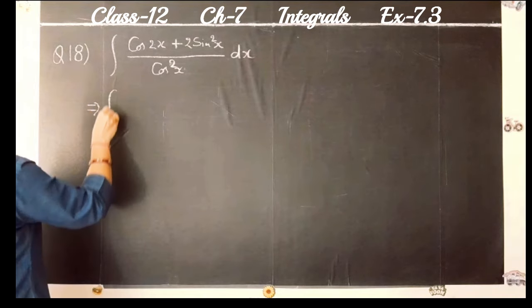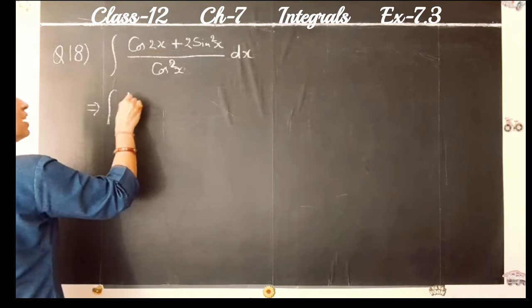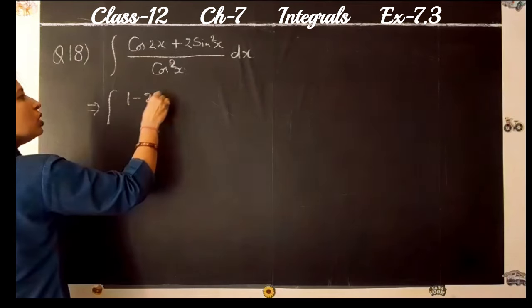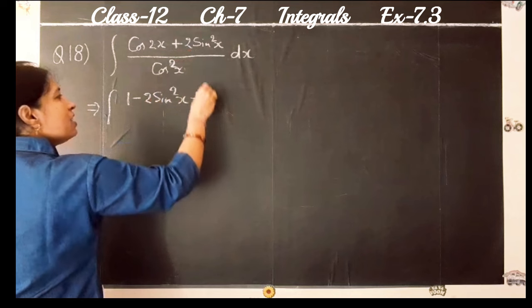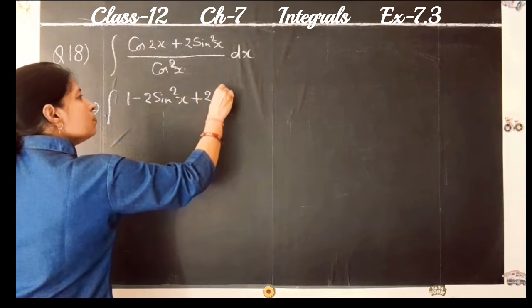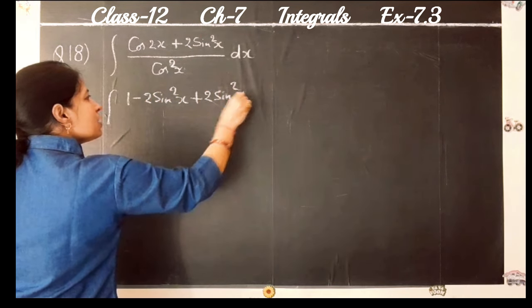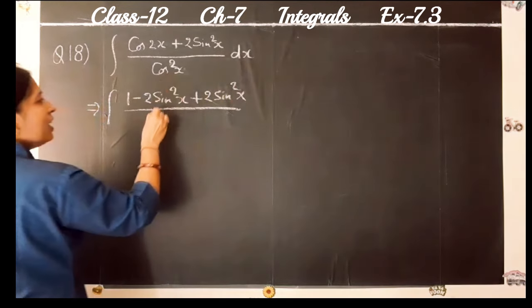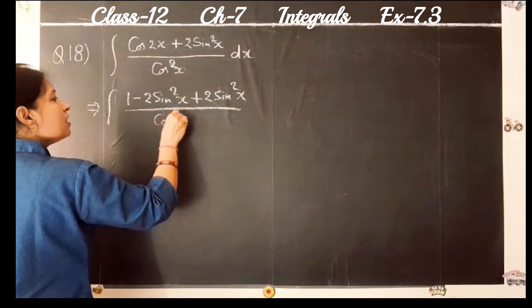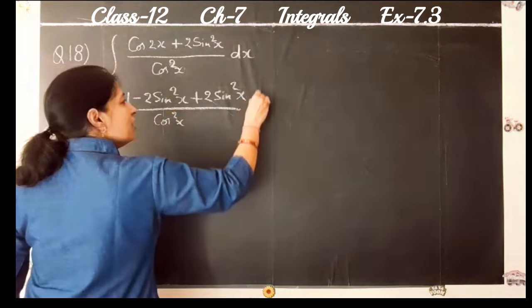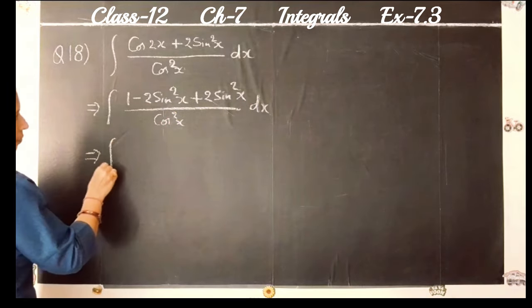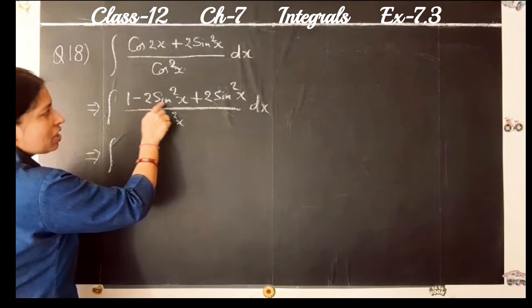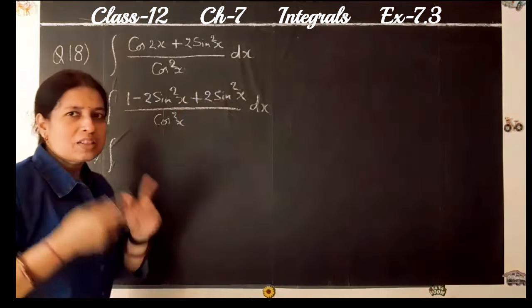So right here in place of cos 2x write 1 minus 2 sin square x, and write this 2 sin square x as it is, divided by cos square x, and write this dx as it is. So it will be here minus 2 sin square x plus 2 sin square x become 0.